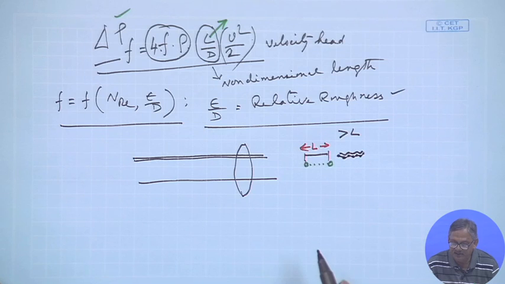Now, if this is definitely greater than L, how much greater? 1 time, 2 times, 10 times, 100 times or 1/10 time, that we do not know, right.